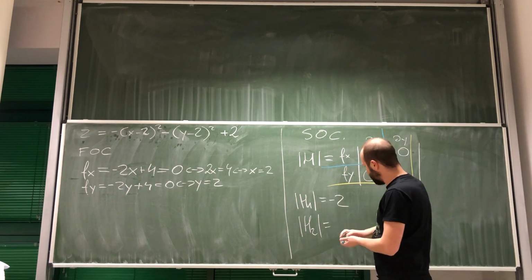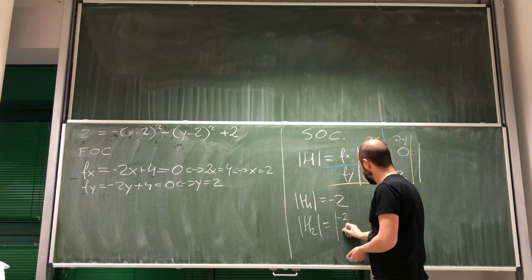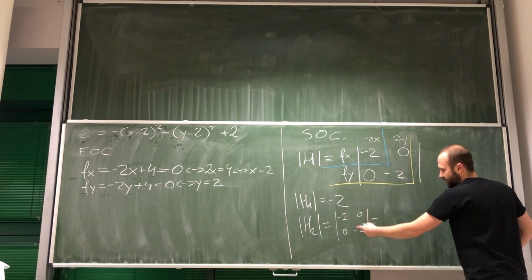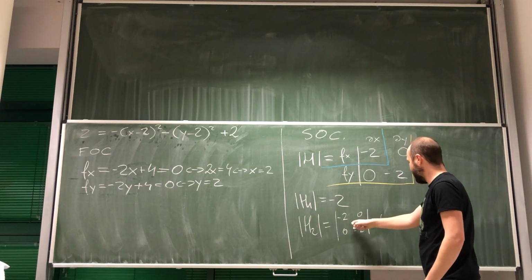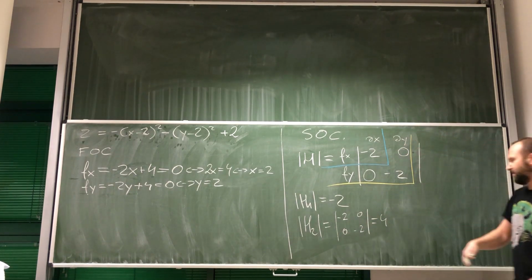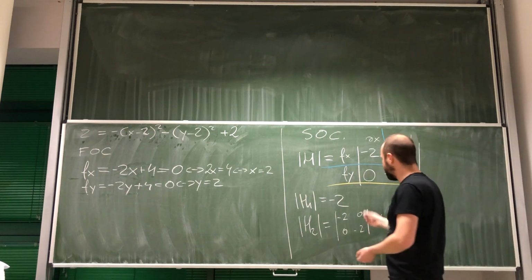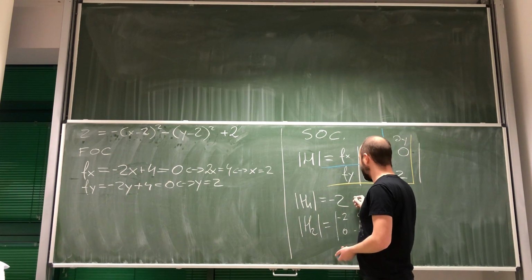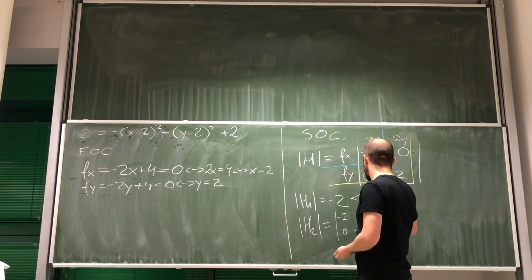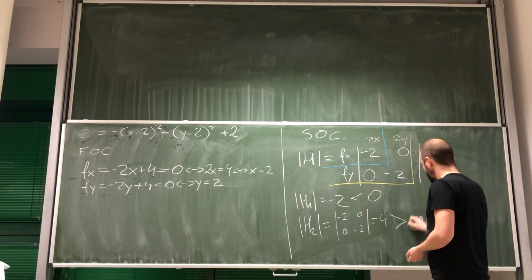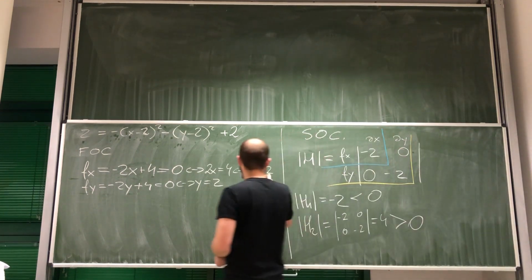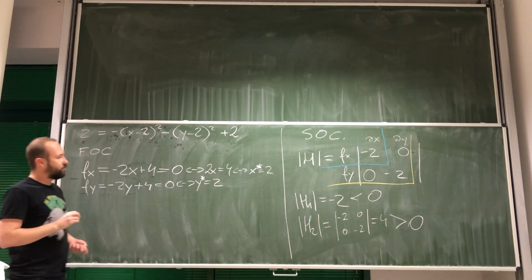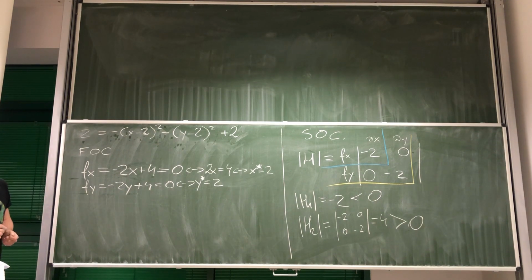So we get negative 2, 0, 0, negative 2, and we see that this is 4 minus 0, which is 4. So because the first principal minor is negative and the second is positive, we see that our point, x equals 2 and y equals 2, is giving us a maximum.